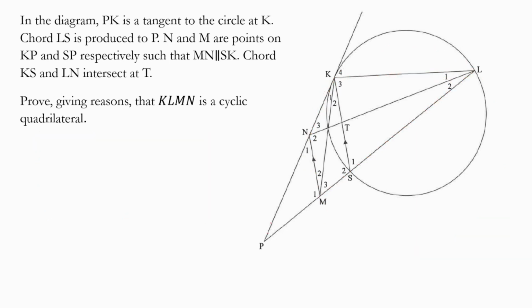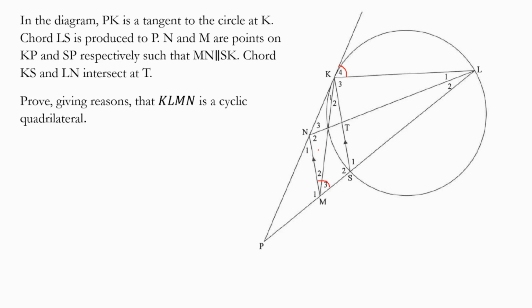Then let's do the last alternative method. For the third one, we are going to use the fact that K4 is equal to NML. We can find angle NKL in terms of angle K4.